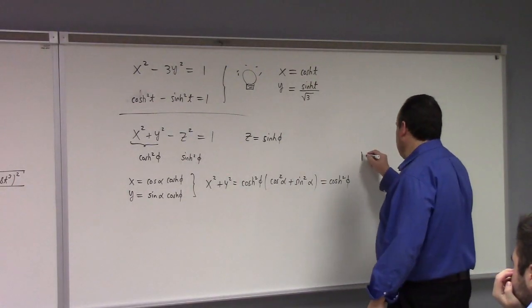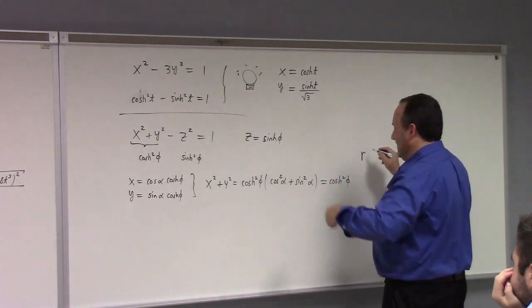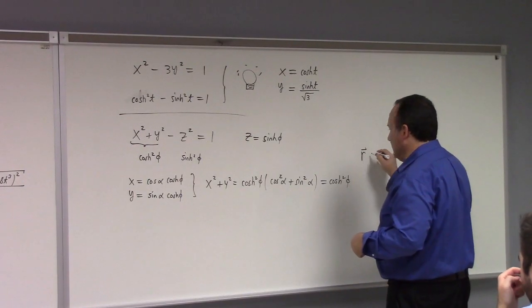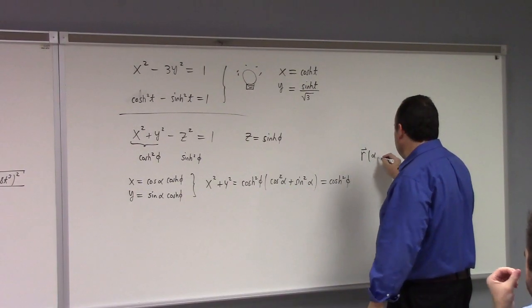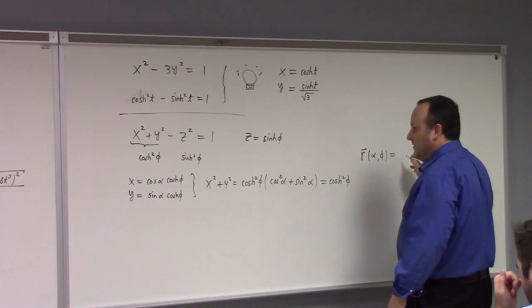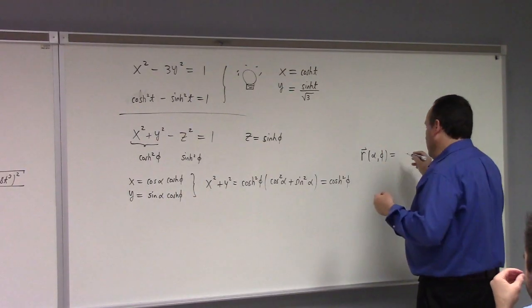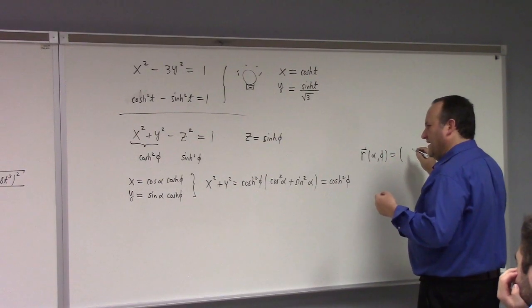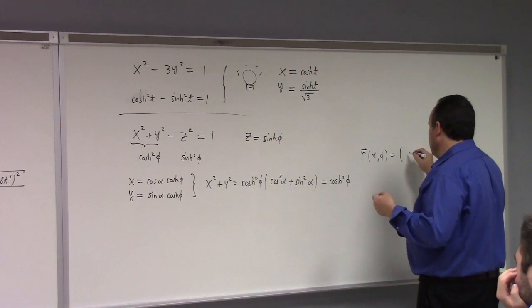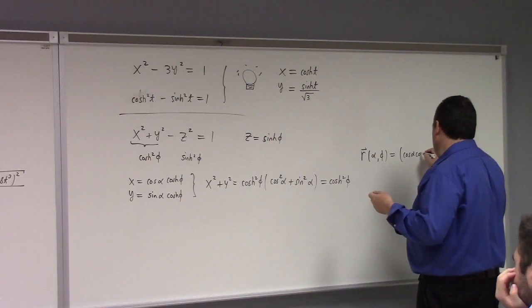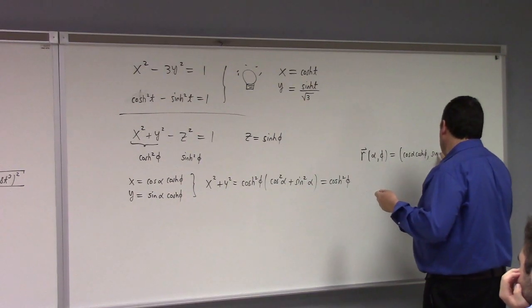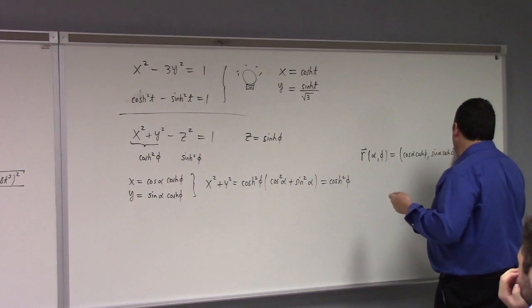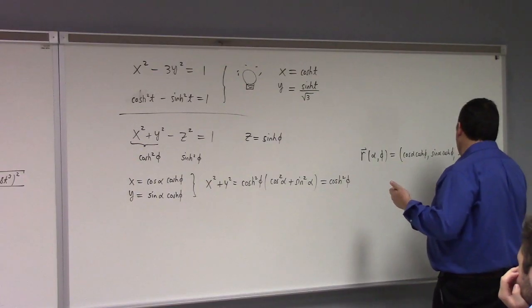And so this suggests to me that the parameterization of this, whatever this thing is, I forget if it's a hyperboloid of 1 or 2 sheets. It doesn't much matter to me. I can parameterize it by, I think it's 1 sheet actually: cos alpha cosh phi, sine alpha cosh phi, sinh phi.